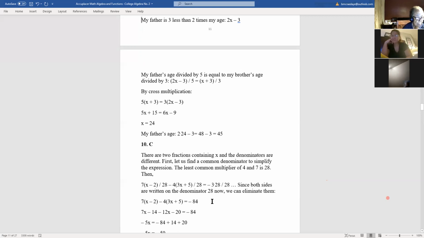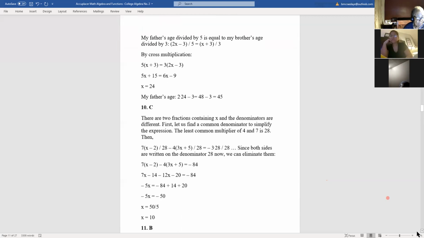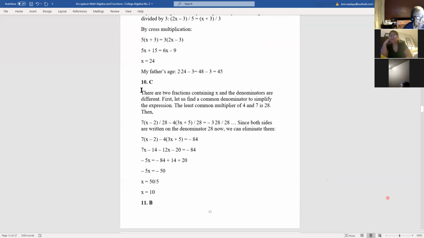So now they do an LCD. Actually, they use the least common multiple. The product of the denominators 4 and 7 is 28. Okay, let me just copy this.